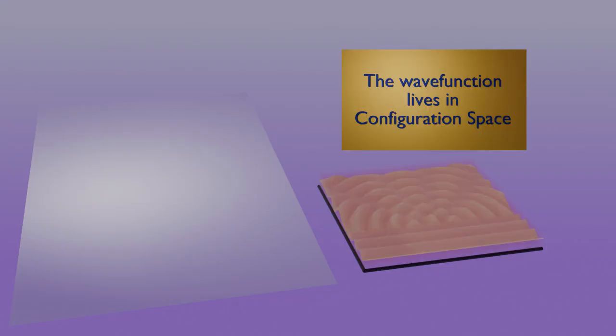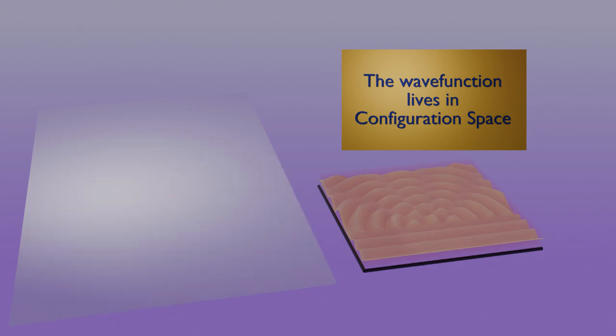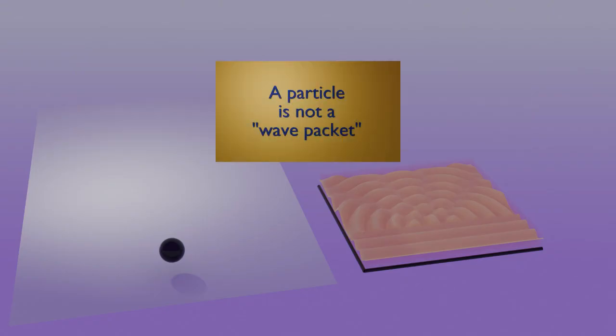Okay, so take-home messages. The wavefunction lives in configuration space, not in physical space. Particles live in physical space, while information about the particle lives in configuration space. The particle is not a wave packet.